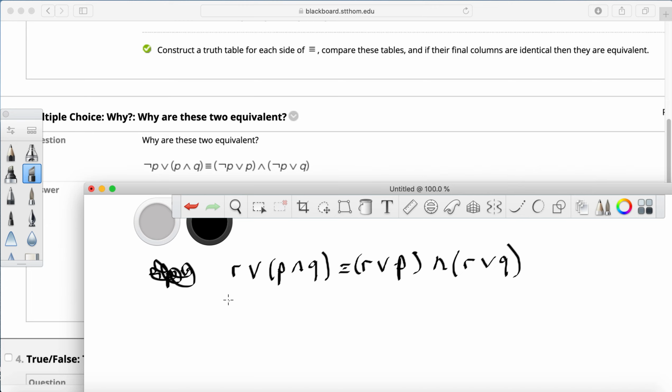Okay, so in the particular example, you just let R equal, set it equal to not P. And here I don't mean logically equal, I just mean set it equal to. So I'm saying let R equal not P, and then every time you see R, plug in not P, and that's exactly what you have in the question.